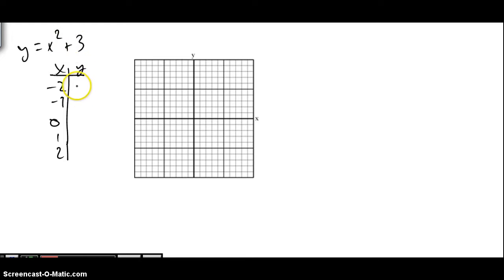So 4 plus 3 is 7, right? Okay, -1 squared is 1 plus 3. Okay, this is going to be 4. 0 squared is 0 plus 3. This is going to be 3. 1 squared is 1. 1 plus 3 is 4. 2 squared is 4. 4 plus 3 is 7.